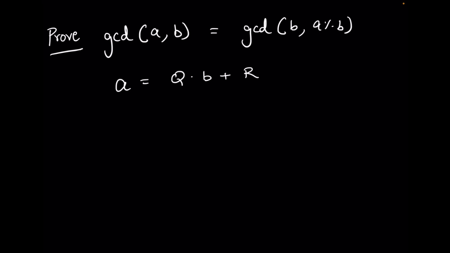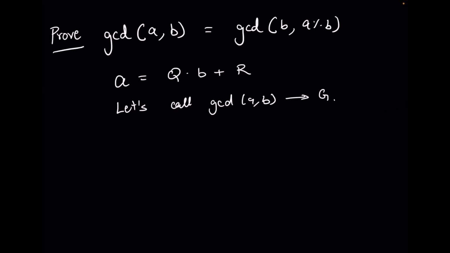So any number can be written as some quotient into the divisor plus a remainder R. If we write A like this, after this, let's say that the GCD of A and B is actually a number G. So we'll represent the GCD of A and B with G. Now remember this because this will be important later on.